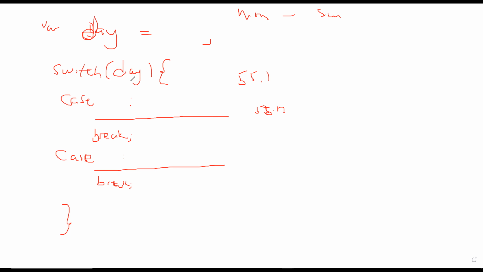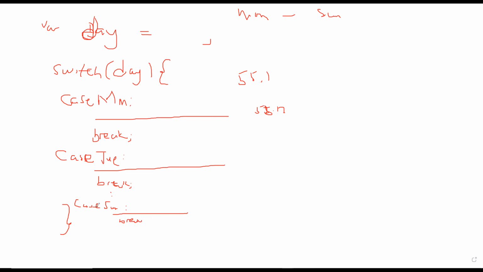I'm going to switch on day. Case is Monday, we do something. Case is Tuesday, we do something. Case is Wednesday, and so on and so forth till Sunday. Case is Sunday, colon, we do something, then we break.